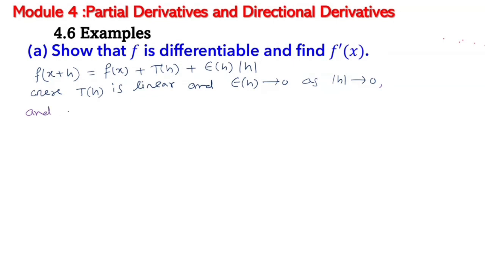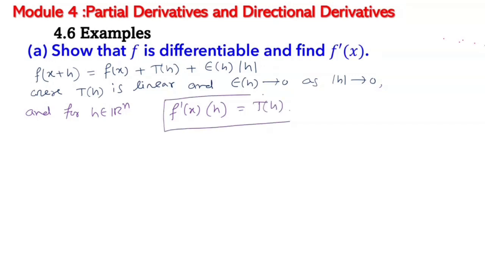And for h belonging to R^n, f dash x h is equal to th.